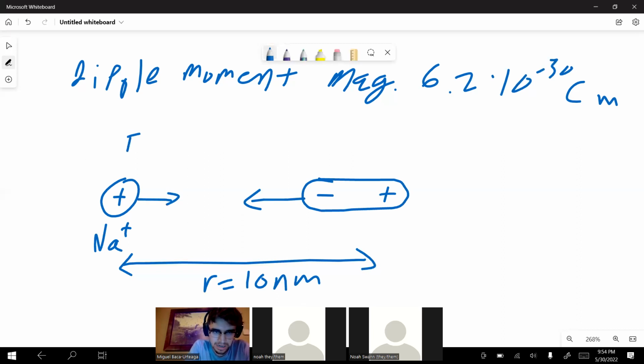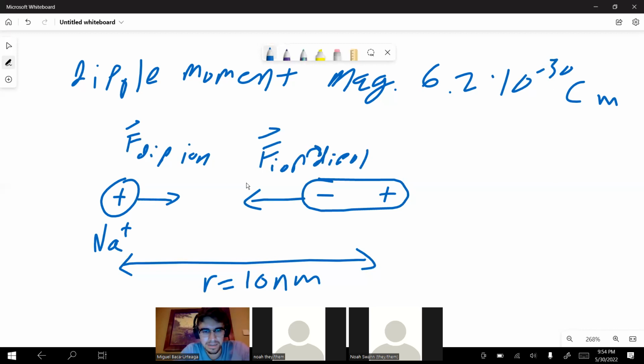This arrow is the force of the dipole on the ion, and this right here is the force of the ion on the dipole.